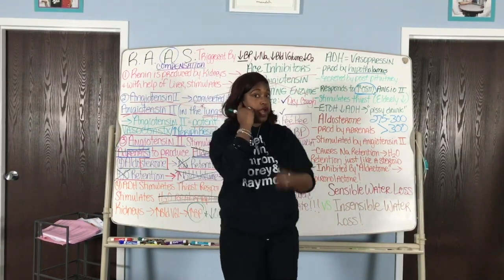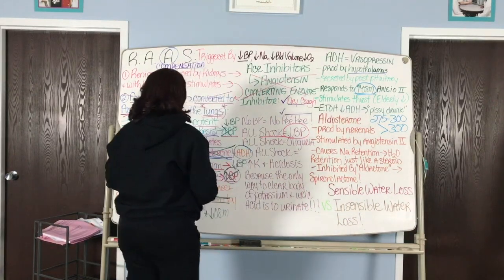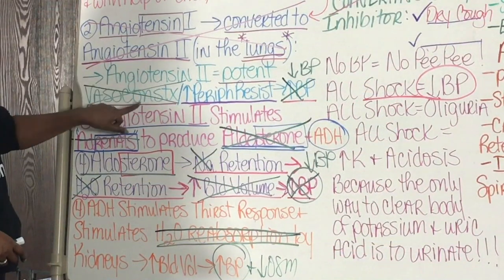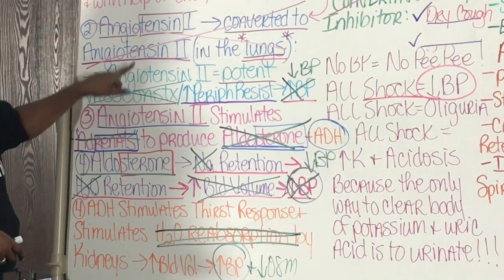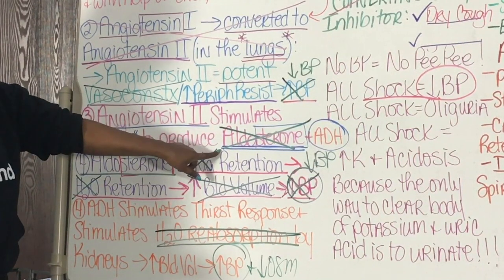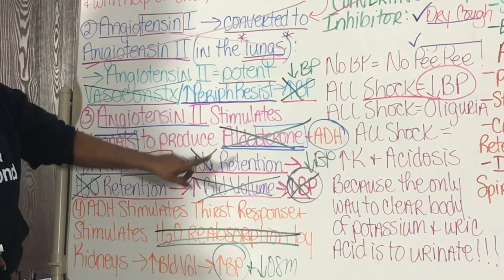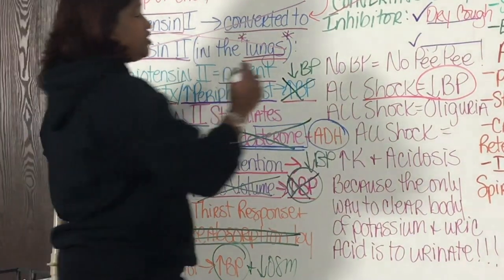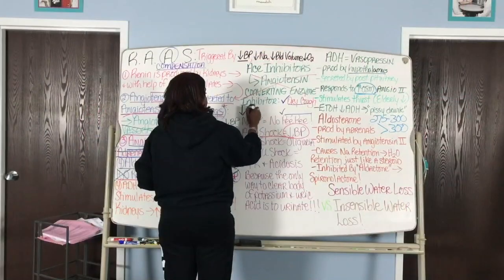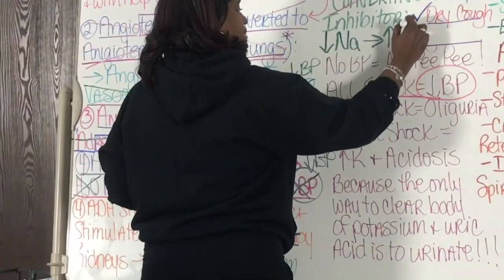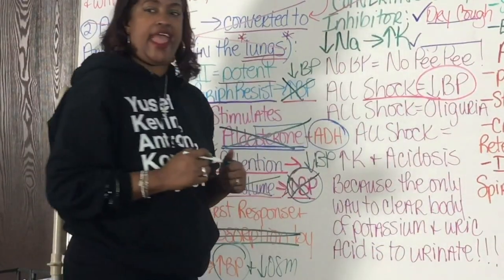And so here we go. If I don't have angiotensin 2, I don't have vasoconstriction. If I don't have angiotensin 2, I don't have aldosterone. If I don't have aldosterone, I don't hold on to my sodium. And if I don't hold on to my sodium, thereby making low sodium in my body, guess what I did? I may retain the K.